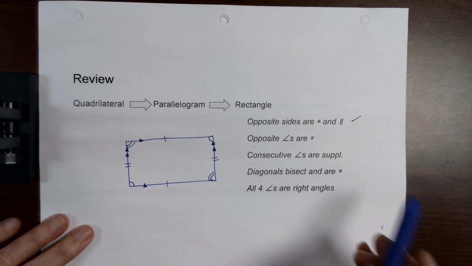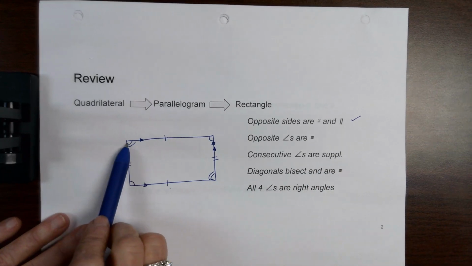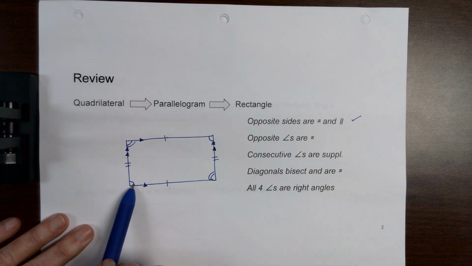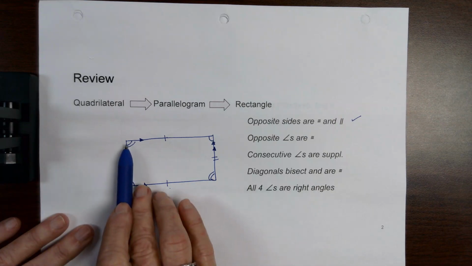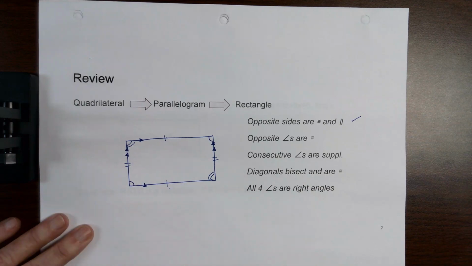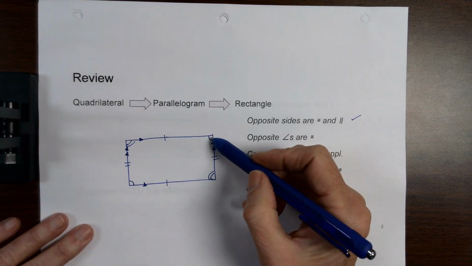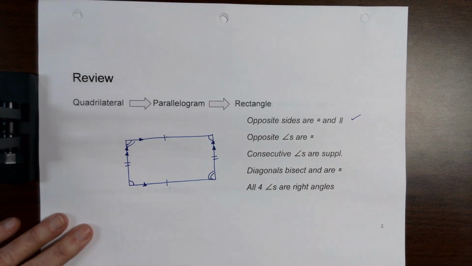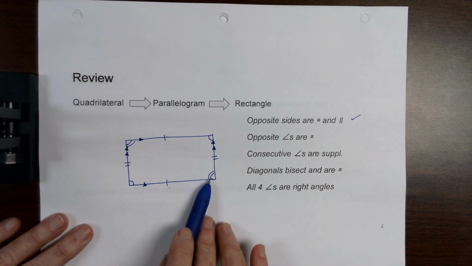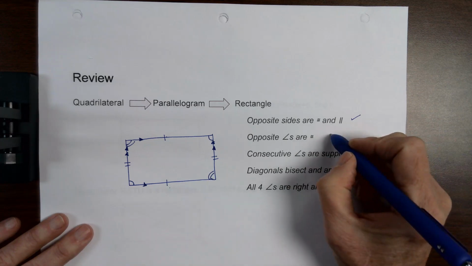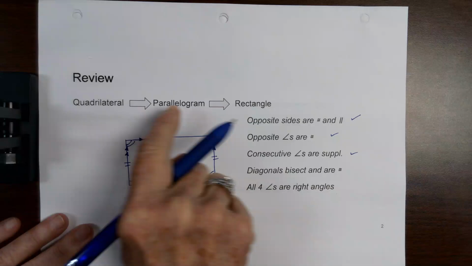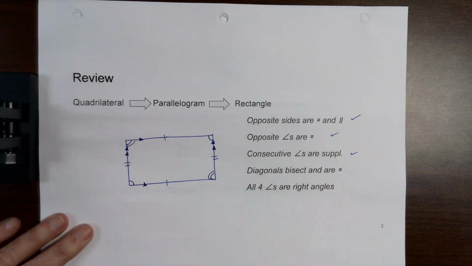I also know that consecutive angles are supplementary. So this plus this is going to equal 180 degrees. This plus this is equal to 180 degrees. This plus this is equal to 180 degrees. And this plus this is equal to 180 degrees. Okay? So those are the same characteristics for both of those.